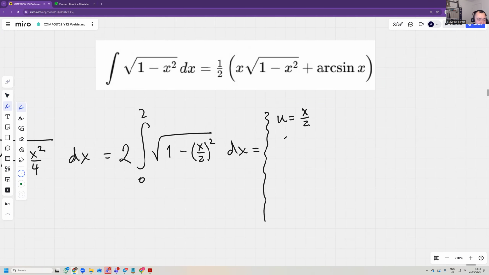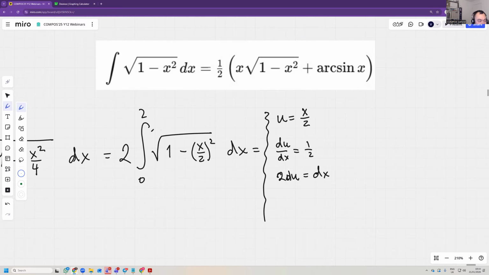It's my substitution. So now I differentiate: du dx is just going to be a half. Now I multiply both sides by dx and by 2. So I get 2 du is equal to dx. Right, so dx will be replaced by 2 du.